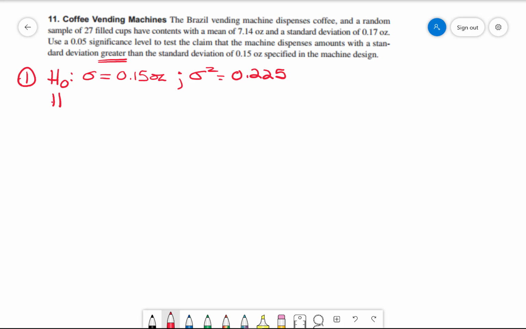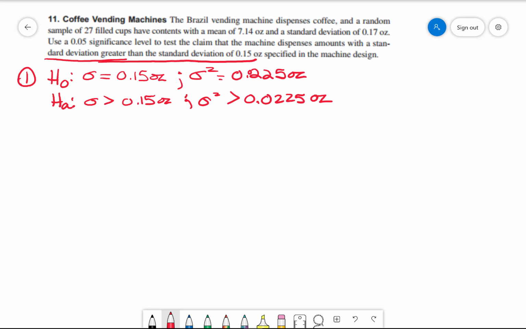Then our alternative hypothesis, they tell us right here, is a standard deviation greater than the design specified standard deviation. So it's greater than 0.15 ounces. Or alternatively, we could say that the variance is greater than 0.0225. Those would also have units of ounces.